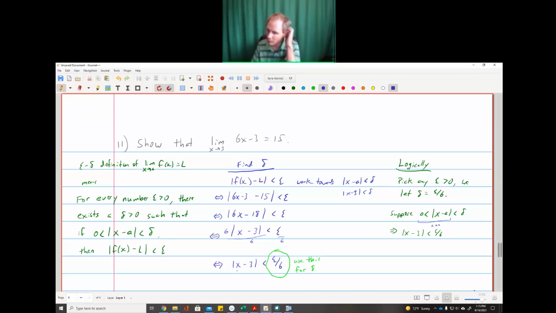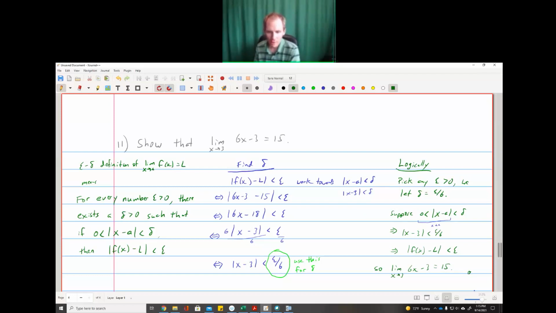So I could just write all of these same steps backwards, but since I've already done them, I can say that implies that |f of x minus L| is less than epsilon, and that's what I need to show that this is the limit. Okay, a little box to indicate we're done.